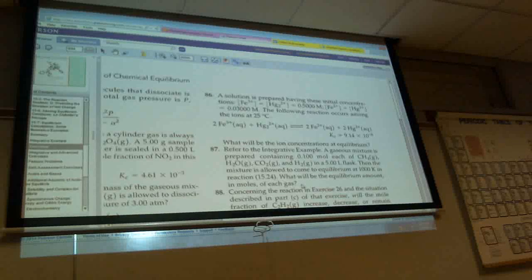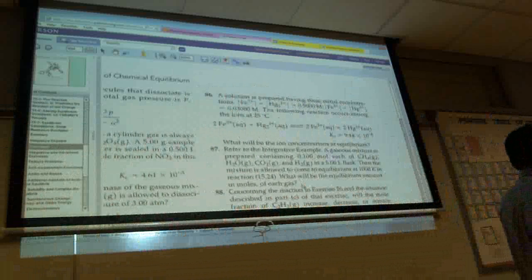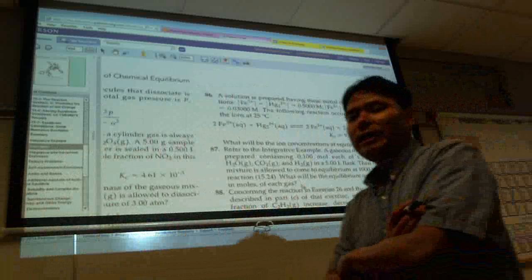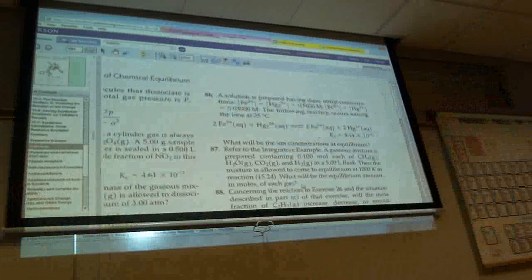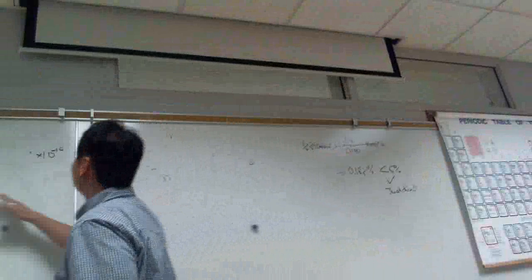Looking at that K value, it favors the reactants, right? It's a small K, so it should favor the reactants. And so, which way should this shift? We don't have any zeros, so otherwise we would go to the side with zeros.